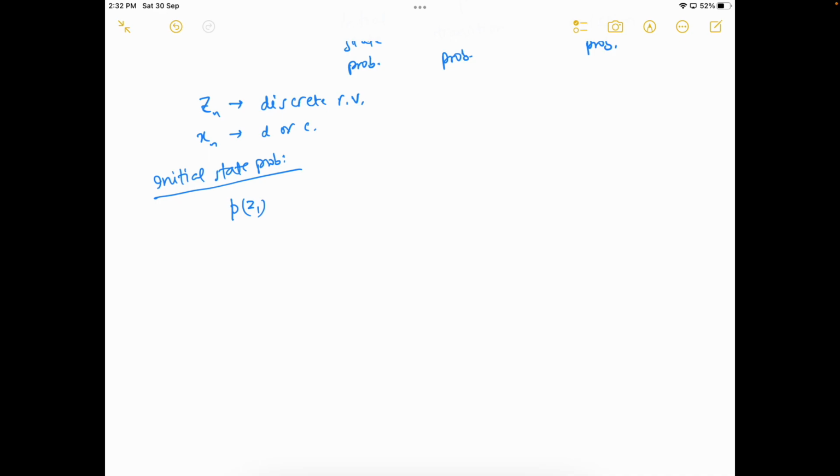Bernoulli is for two values. Multinomial? No, multinomial is different. There are finite states and you can choose uniform. It's a PMF basically. Not necessarily uniform, it could be non-uniform.